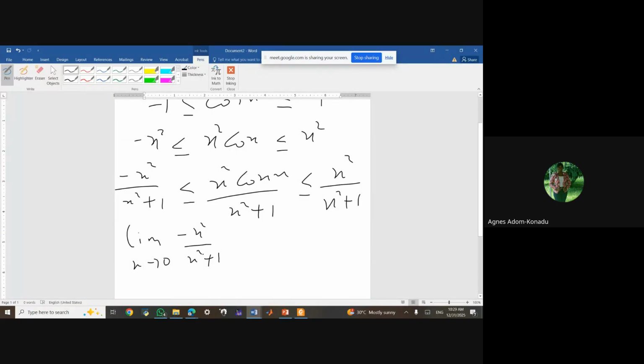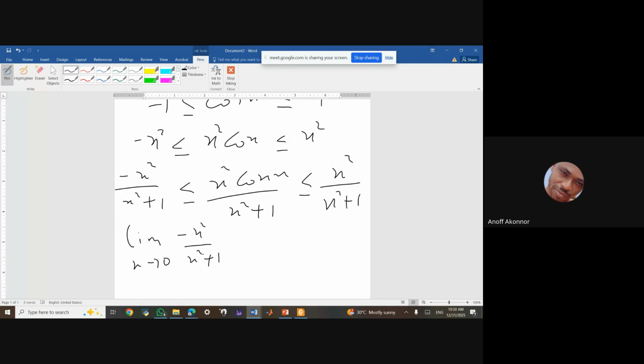Okay, so what's the domain of this function? s squared plus 1. What is the domain? All real numbers. Are you sure?